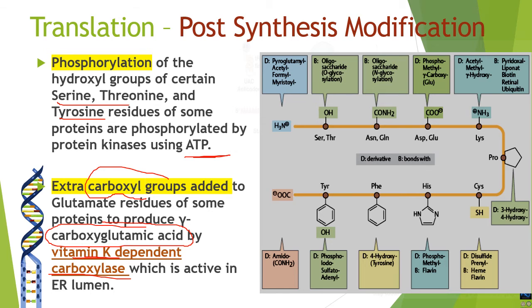As soon as proteins are synthesized in eukaryotes, they go into the ER lumen, and the carboxylate is added to the glutamate residues, specifically for those involved in the cascade of blood coagulation. Blood coagulation proteins necessarily undergo these modifications.